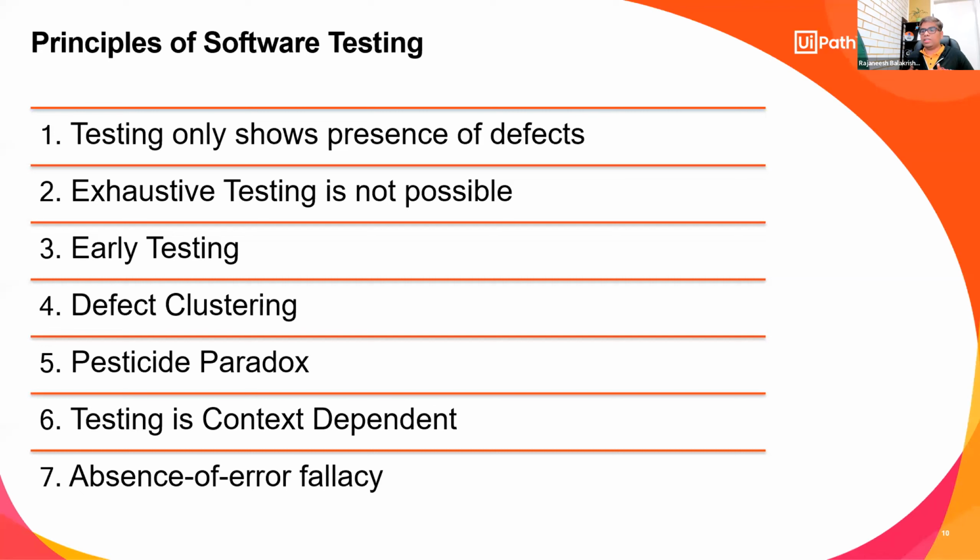Even if the tester finds as many defects as possible and puts in as much effort as possible, there might still be a few issues left out, which may be found by a user or a stakeholder, because every user has a different usability. So there might be a few defects left out, and that is not a problem. That is not a mistake of a specific tester or testing team, but it should be an entire team effort, right?